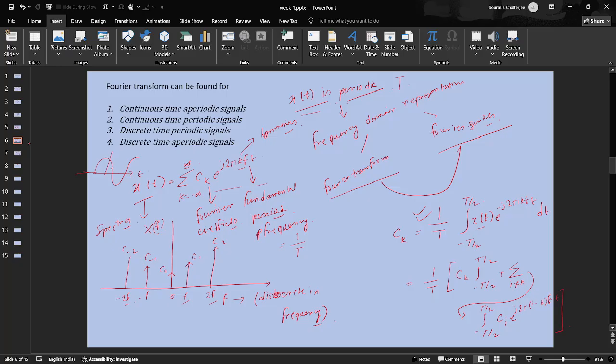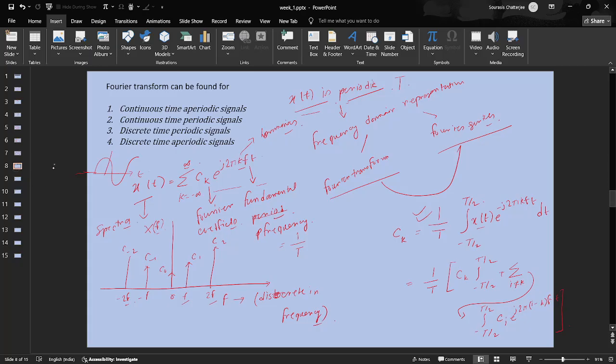You can see x(t) in time domain is continuous, so it has value at every point. But it turns out its frequency domain representation is not continuous, it is discrete. It has values only at integer multiples of the fundamental frequency. Is that point clear to you, or do I need to elaborate more? Oh yes, I got an idea.